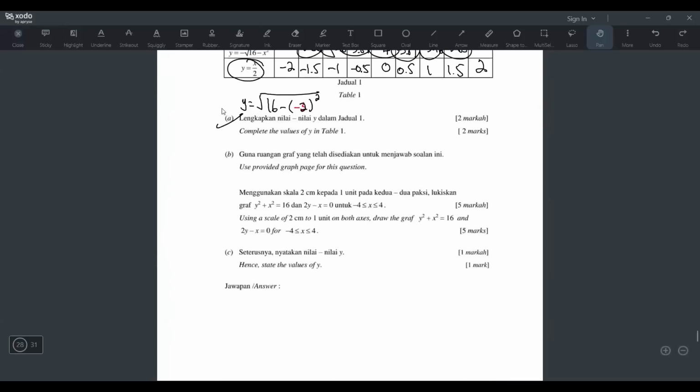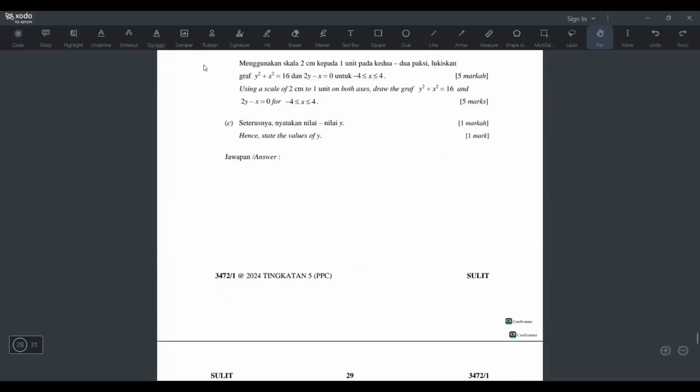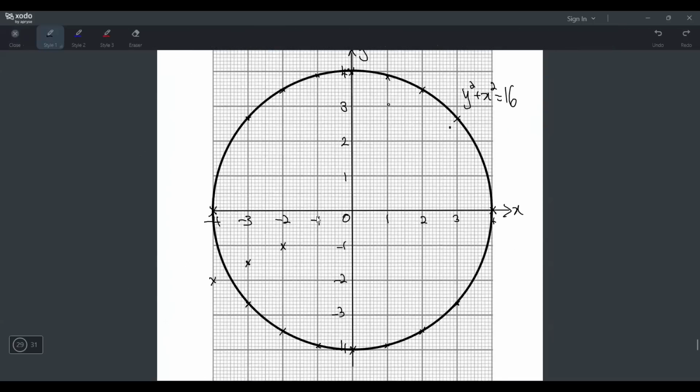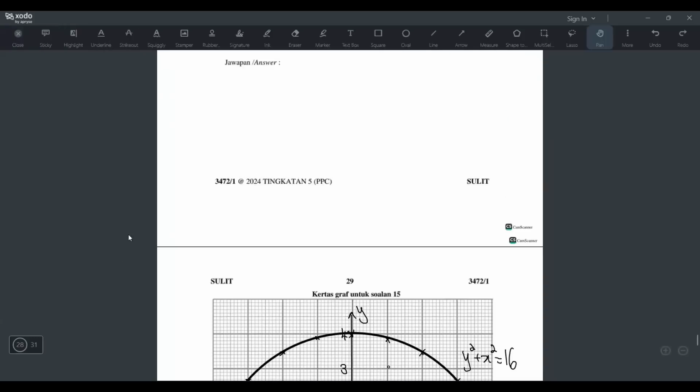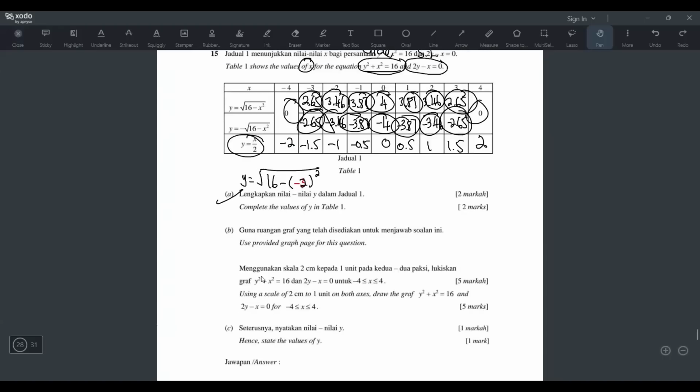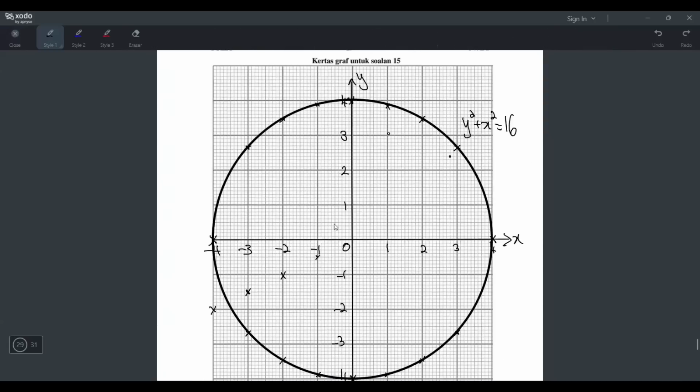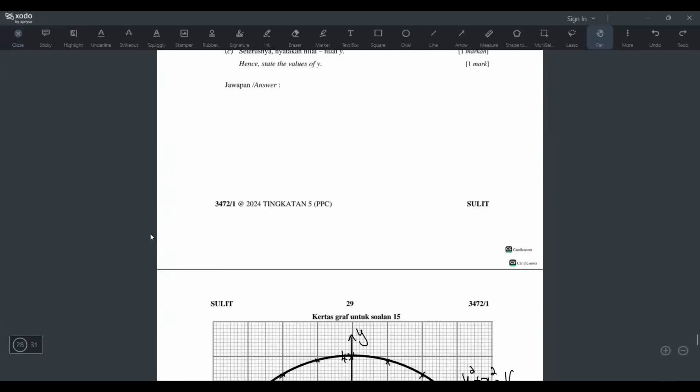Next, negative 1, negative 0.5. I think it's here. Count 1, 2, 3, 4, 5. Yeah, correct. Next, 0, 0. This one is easy. What about the other side?